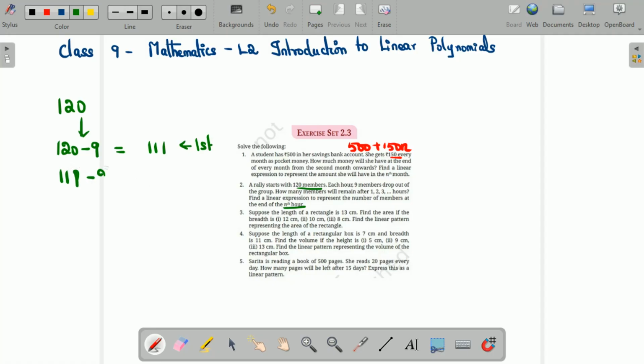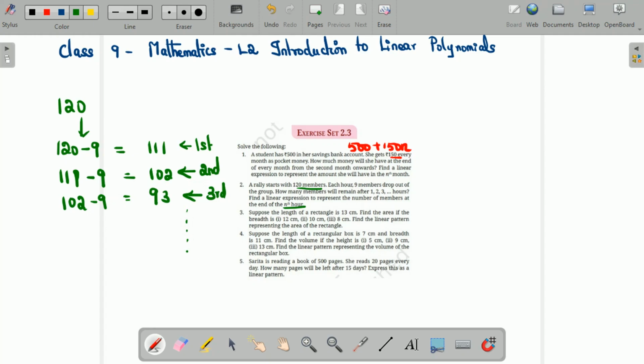So 111 minus 9 is equal to 102. Now after the third hour, from 102, 9 people are going to drop out, which means you have 93 people at the end of the third hour and so on.